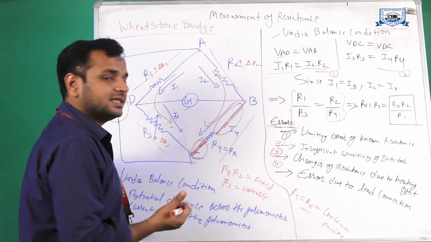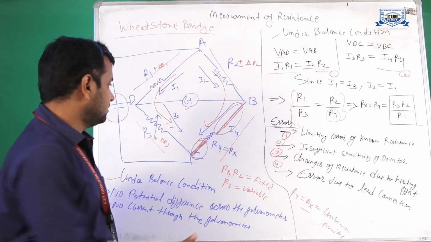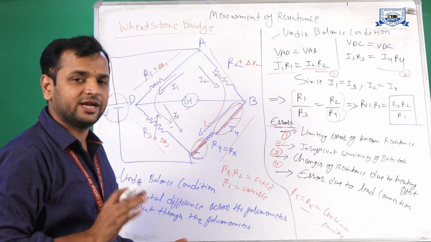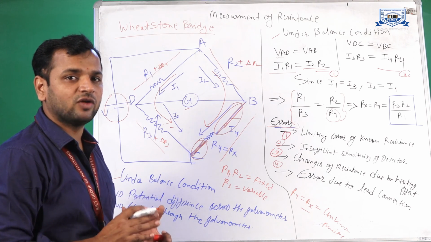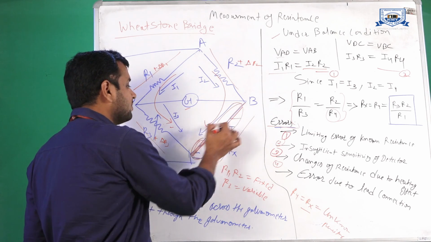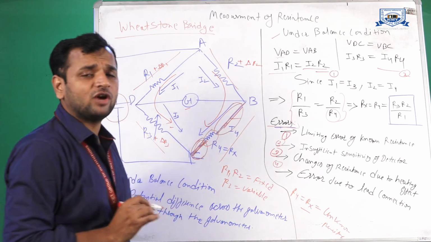If we are measuring a medium resistance, the lead resistance can be neglected. But if we are measuring a very low resistance, then the lead resistance may be counted in the value of the unknown resistance.